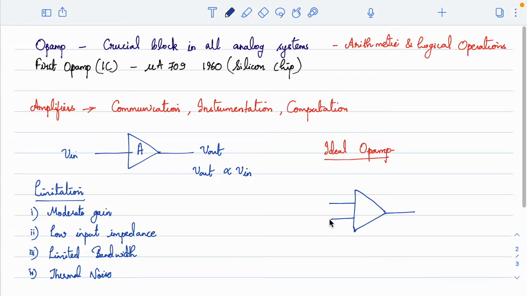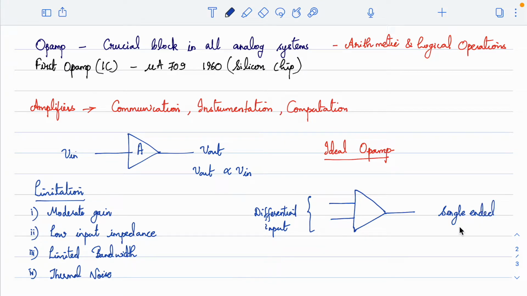So the moment you see two input terminals to an amplifier, we call this differential. This input is called differential input. We will talk more about this a little later. So if you have two terminals where input is provided, we call this a differential input. Now the output is only one line, so we call this a single-ended output.